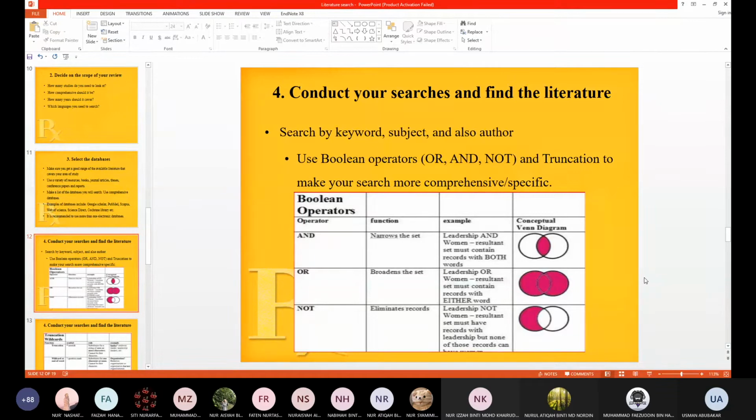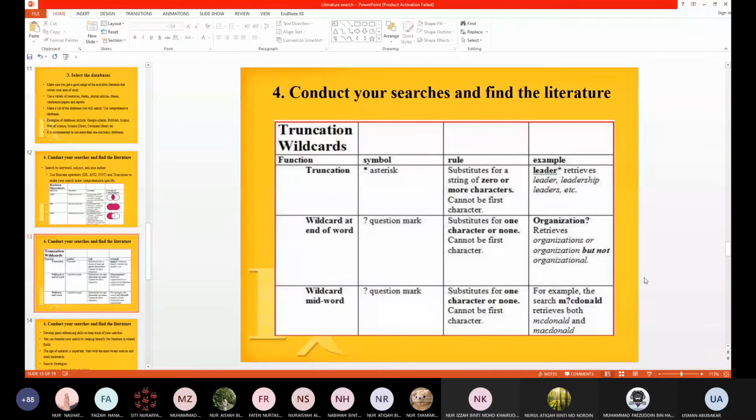Besides the Boolean indicators, you can also use truncation and wildcards. These include the use of things like asterisks, which you can use at the end of the keywords. Asterisks will find other words that are related to the keyword that you are searching for.